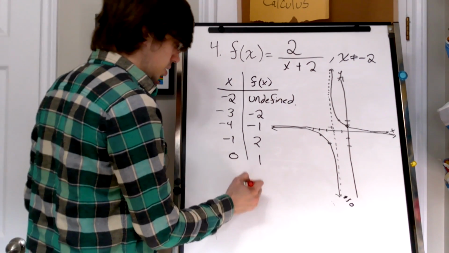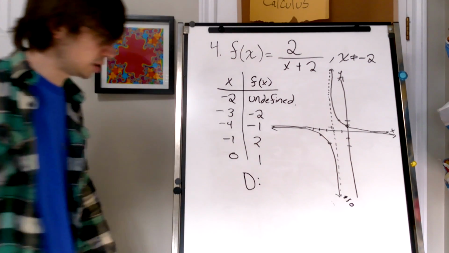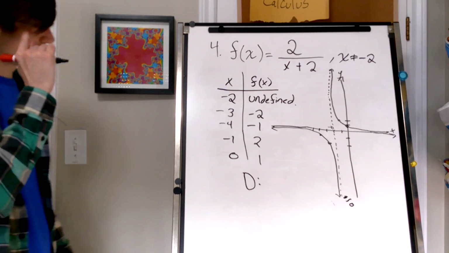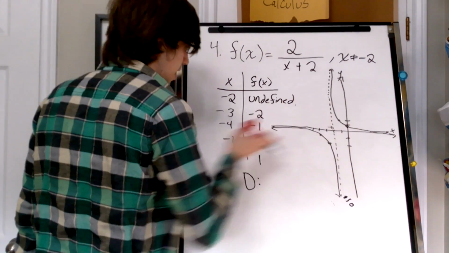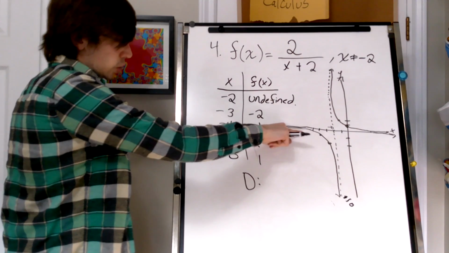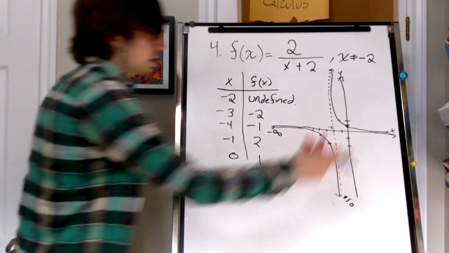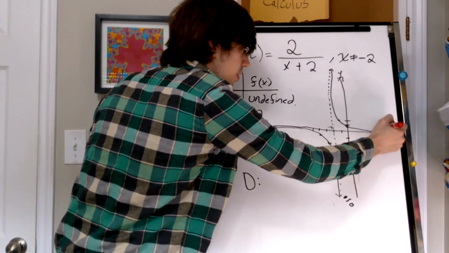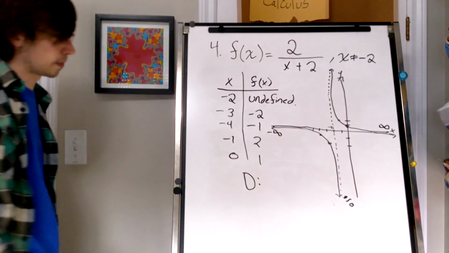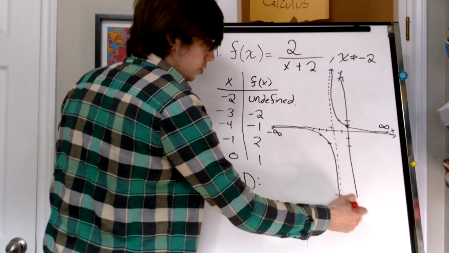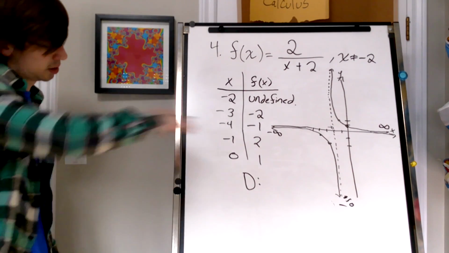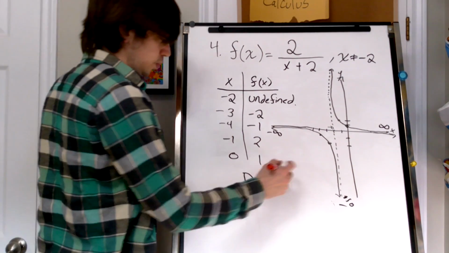So, question. What is the domain? The domain is the x-axis stuff. And we're going, obviously, to -infinity on this side. And over here, on the top there, we're going to infinity. However, we can't cross across -2.